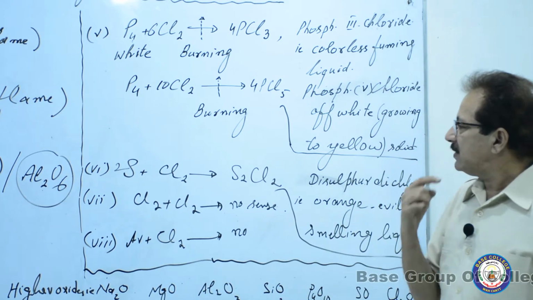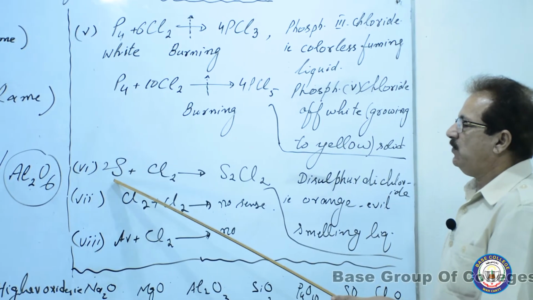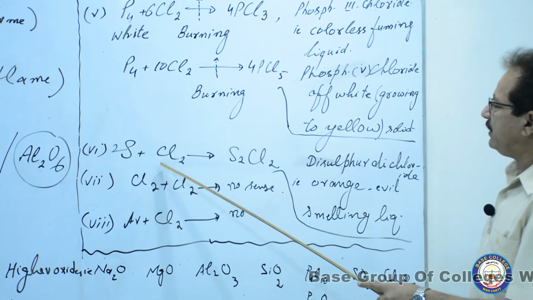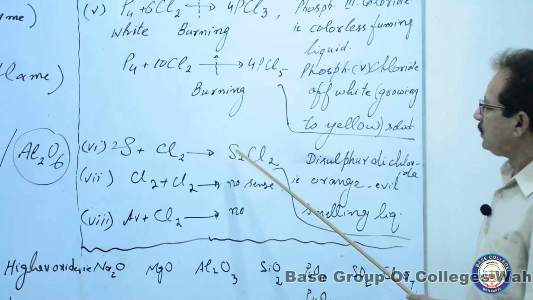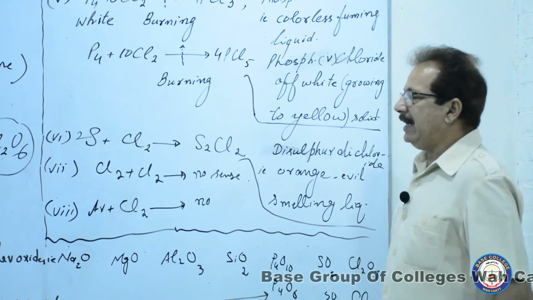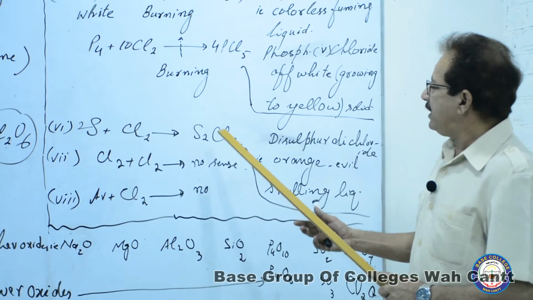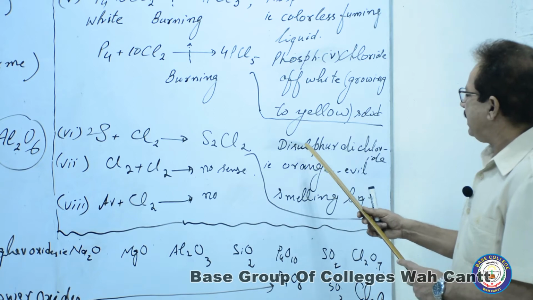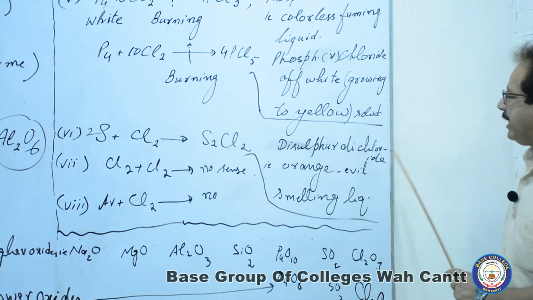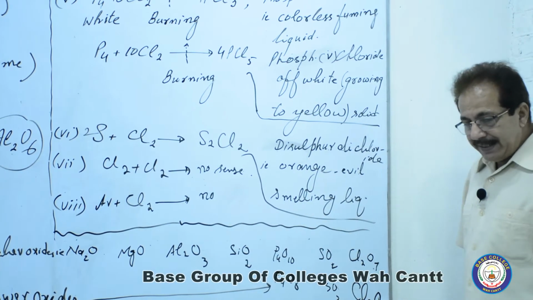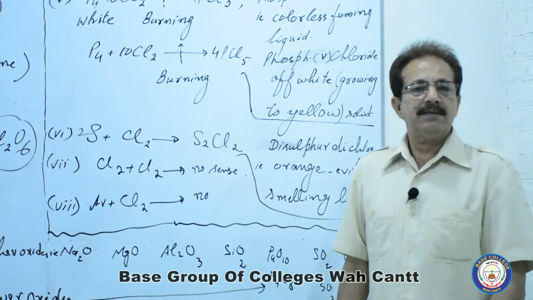Now we take sulfur. Sulfur reacts with chlorine to give S2Cl2. On heating, you will get S2Cl2, that is disulfur dichloride. That is a distinct sulfur chloride.